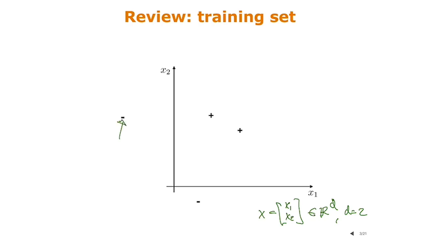So here we have a training example. Let's say it's the first training example with the associated label. And in this case, the label is -1. That defines the task for our classifier. This is how the supervised learning task is illustrated.